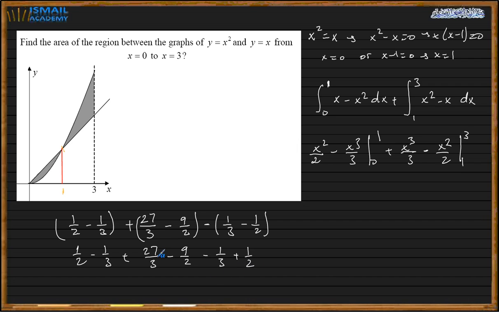Half and half is 1, and minus 1/3, it's going to be minus 2/3 with the 9 half. And 1 minus 2/3 is plus 1 over 3, plus 2 over 6, which is 29 over 6.